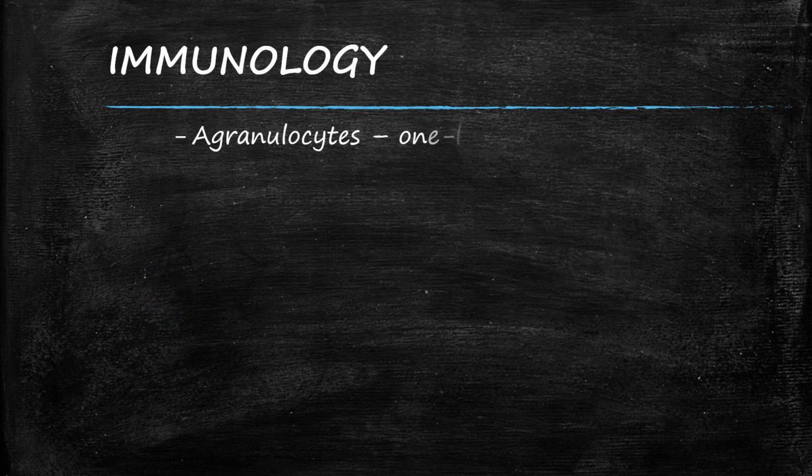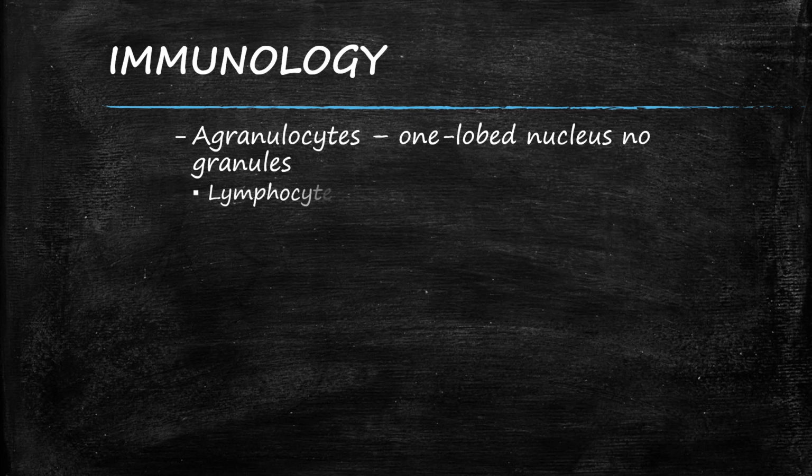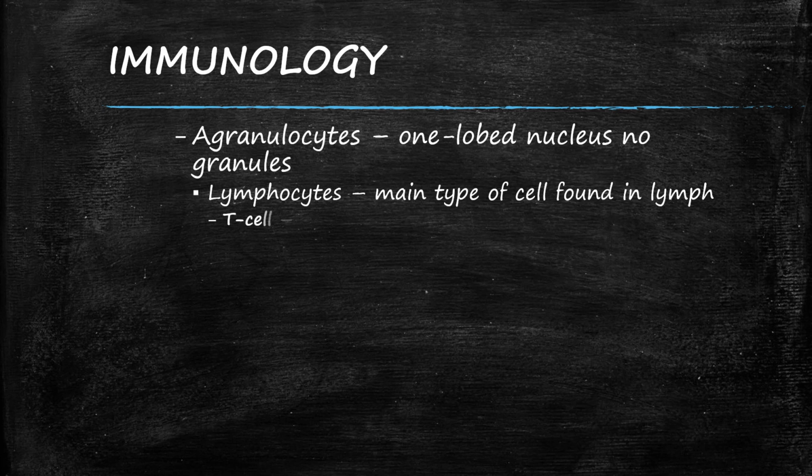A second type is the agranulocytes, which are one-lobed and have no granules. There are two types of agranulocytes, the lymphocytes and the monocytes. The lymphocytes are the main type of cell found in the lymph, and we have both T cells and B cells.